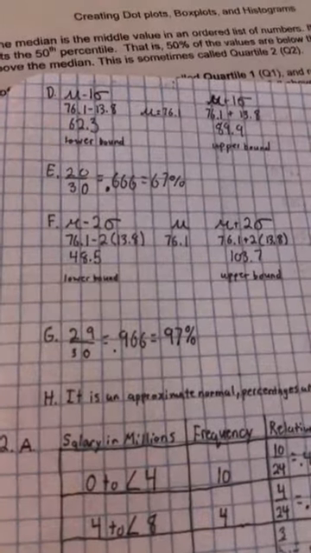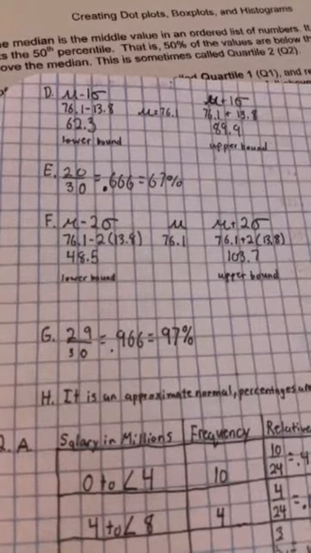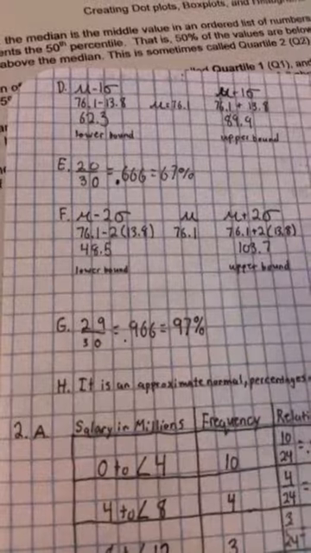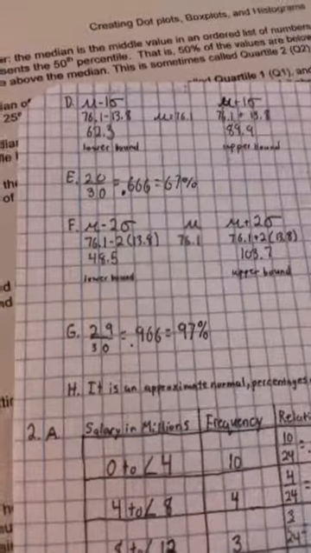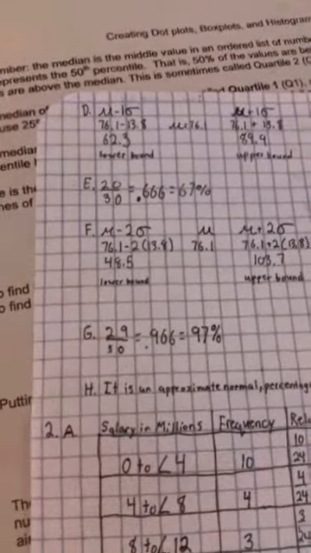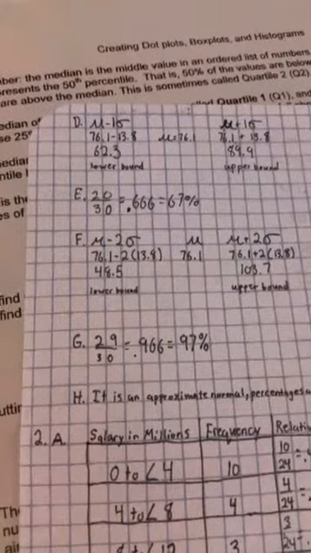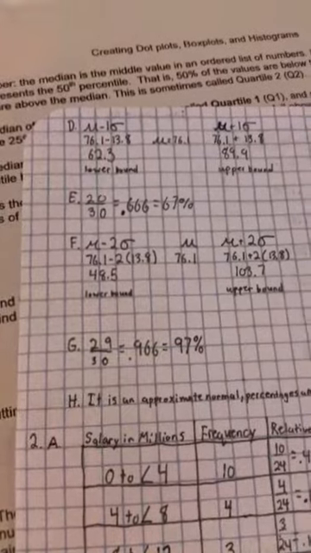Our lower bound is 48.5, and our upper bound is 103.7. You take the amount of numbers in between both 48.5 and 103.7, and you get 29 numbers in total over the amount of numbers that are all on the list, which is 30, and it'll be 0.966, which is equal to 97%.